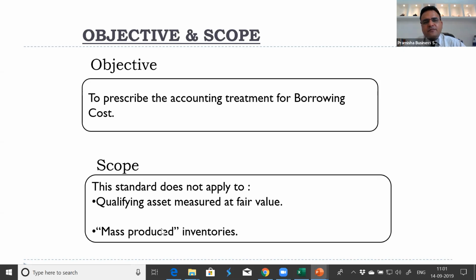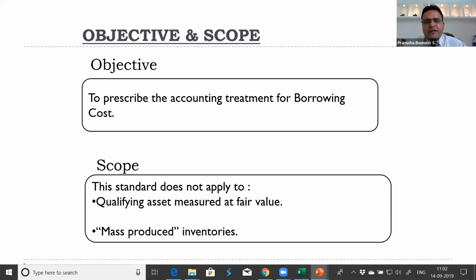Why so? It is not eligible for assets being measured at fair value. When we measure something at fair value, it takes into consideration all the costs, not only the interest cost. It takes into consideration what the market is willing to pay, and the market is willing to pay after adding up all the costs.